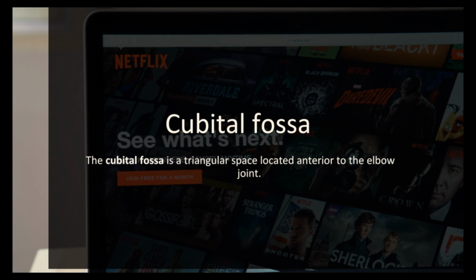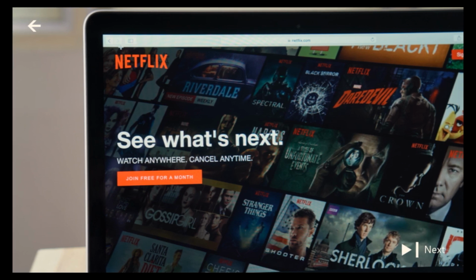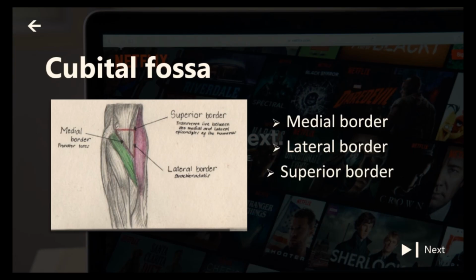The three boundaries of the triangular cubital fossa are the medial border, lateral border, and superior border.